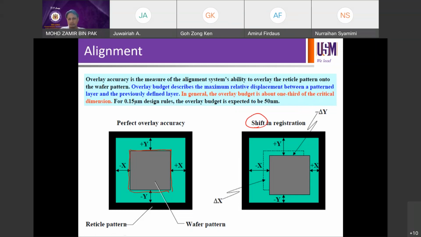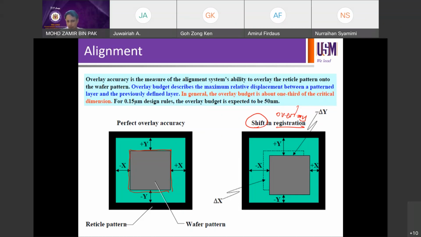ataupun shift in registration. So registration and overlay is actually referring to the very same thing, but the detailed definition is slightly different. Tapi the whole idea is you want to align your features accurately in the zone, or in the area that you're supposed to print. So in this case, on the right, you can see that there's a shift in overlay.